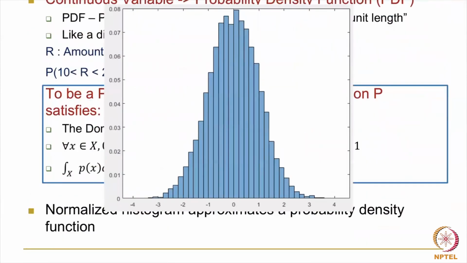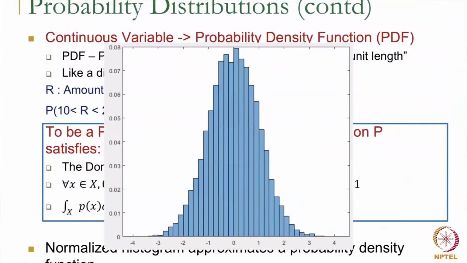So for example, something of this sort. Here the width is, let's say, something like 0.2. I think I took some variable that changes from minus infinity to plus infinity. You can hardly see anything here, but you can imagine that the infinite limit of this histogram is the probability density function.